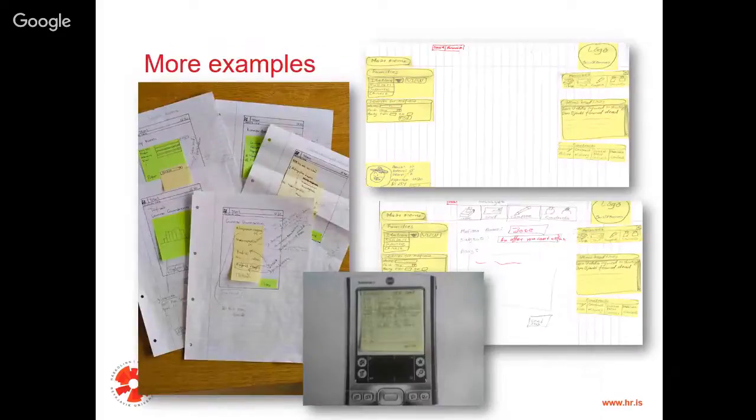And here are more examples. You can see people have been evaluating or discussing and just writing down comments on the paper. I also like this one because here people tried to put it in context. They were developing something for a phone.